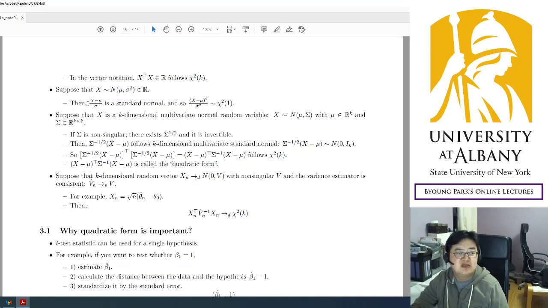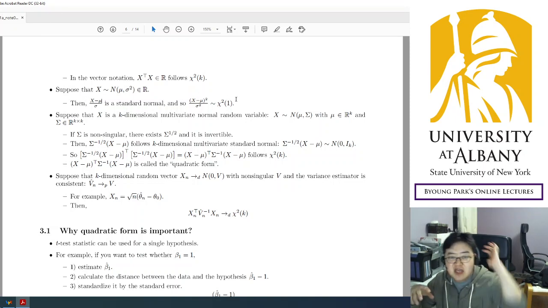So this standard normal variable squared will be chi-square 1. So it follows directly from the first definition. X minus mu over sigma is standard normal, therefore its square is chi-square distributed.